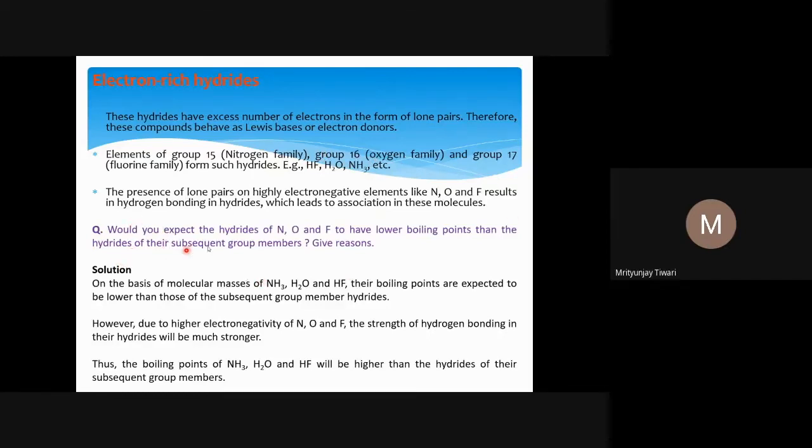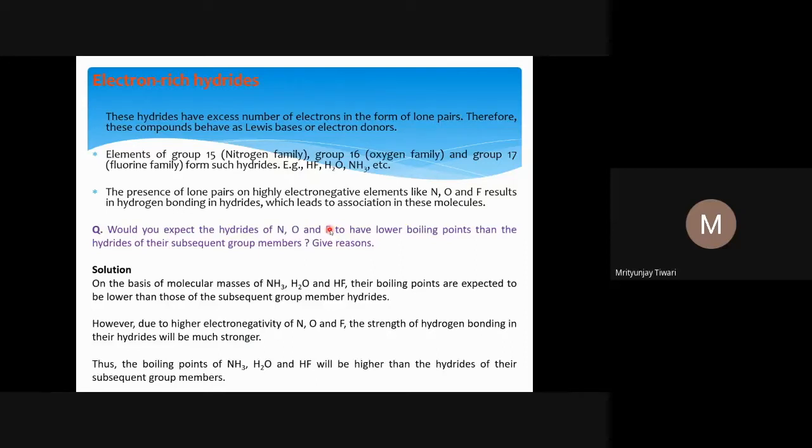So let us take this question. Would you expect the hydrides of nitrogen, oxygen, and fluorine to have lower boiling points than the hydrides of their subsequent group members? Give the reasons. As I said, the hydrides of nitrogen, oxygen, and fluorine form hydrogen bonds, and with these much stronger hydrogen bonds, the association tendency of these compounds will increase.